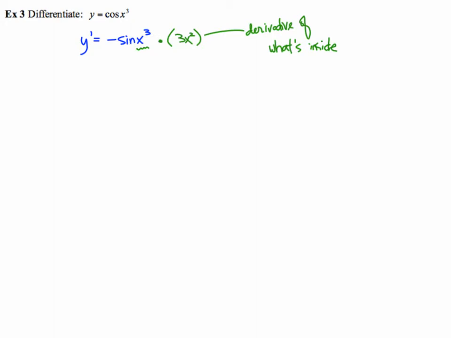So my final answer would be negative 3x squared sine x cubed. Now take a look at this example, and you'll notice that the exponent 3 belongs to the variable x. So it's x cubed.